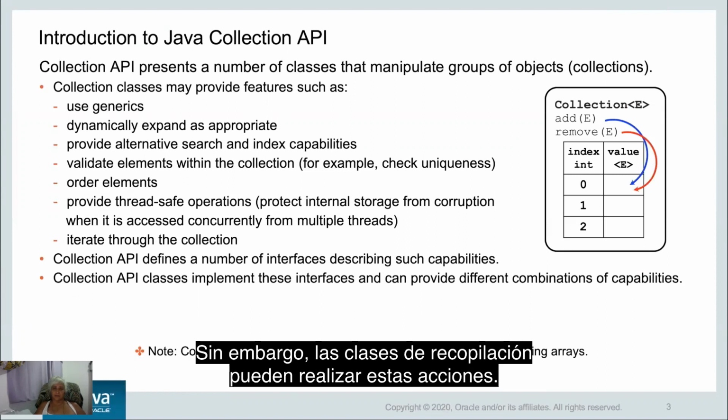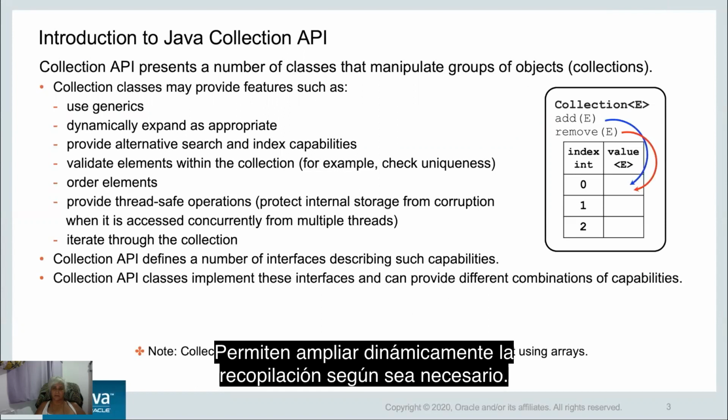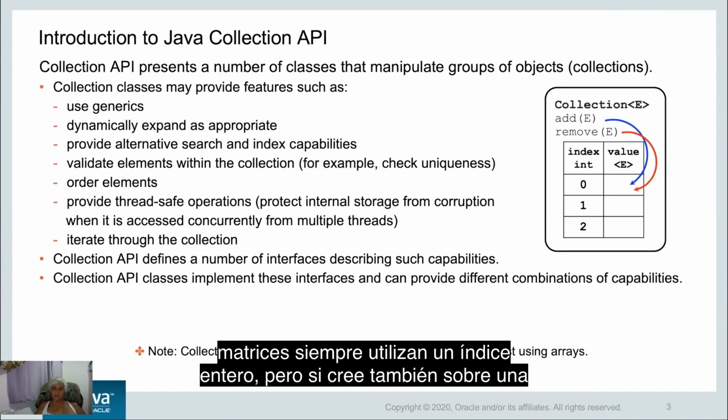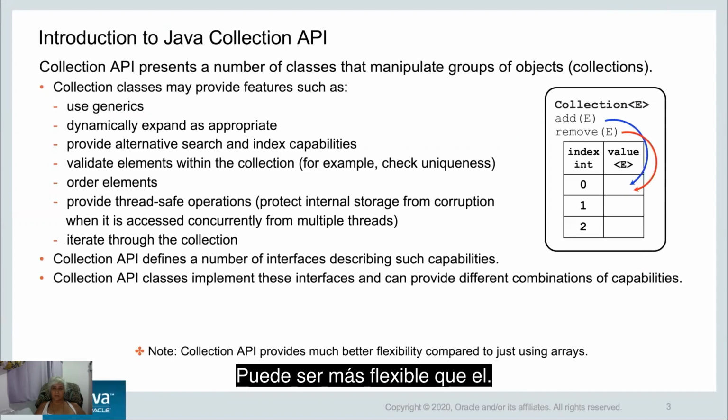But the collection classes, they can do these things. They enable generics, they allow you to dynamically expand collections appropriately. They allow you to provide alternative search and index capabilities. Arrays are always using an index. But if you think about a collection class, it doesn't have to use an index. It could be more flexible than that.